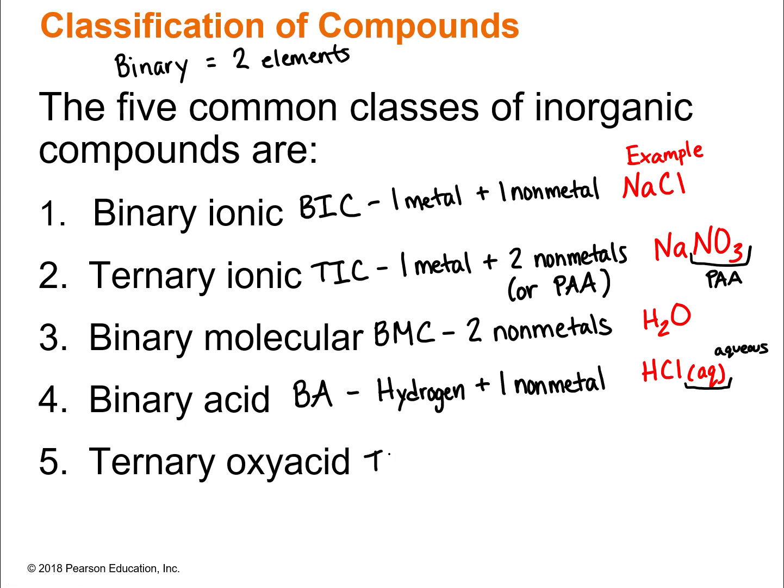Finally, we have the ternary oxyacids. Because it's an acid, it's always going to start with hydrogen. But it's also going to have one of those polyatomic anions. And we're going to cover what those are.